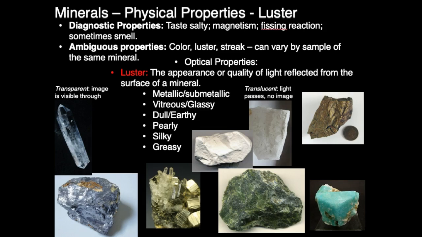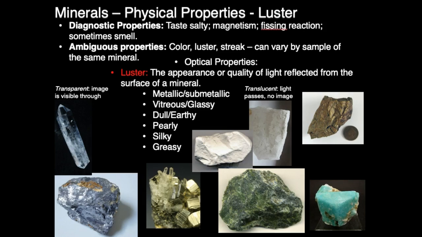So we use certain properties in order to help us identify different samples of the same mineral, okay? So that those different properties that make them differ don't confuse us too much and don't make us classify it as a different mineral.